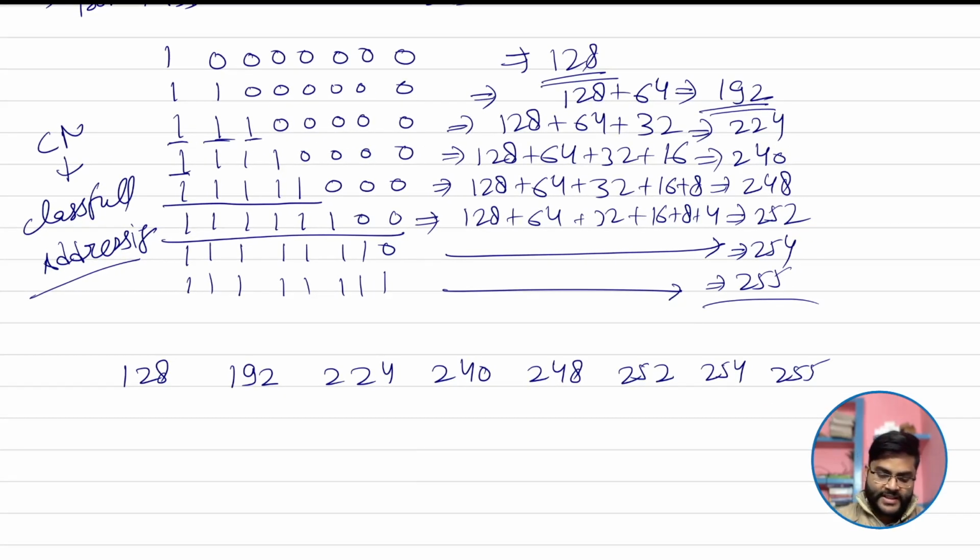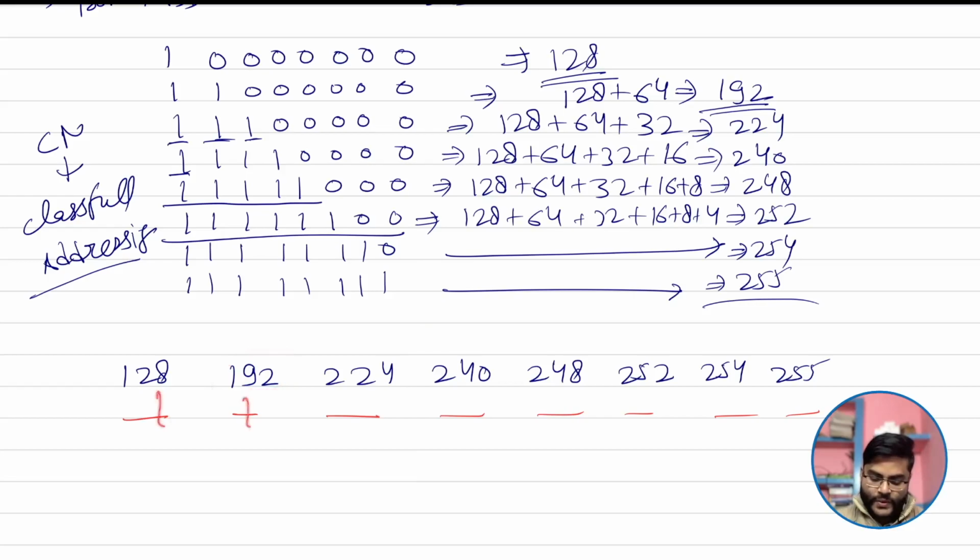Okay, so these are 8 bits. What does this number denote? It denotes that if we have 1 and the rest zeros, its value will be 128. If we have consecutive ones till here, its value will be 192.